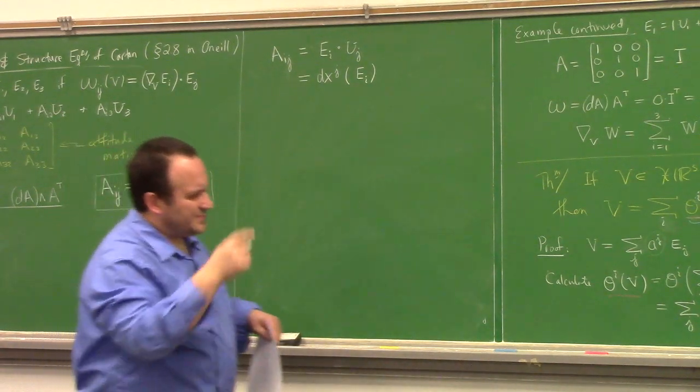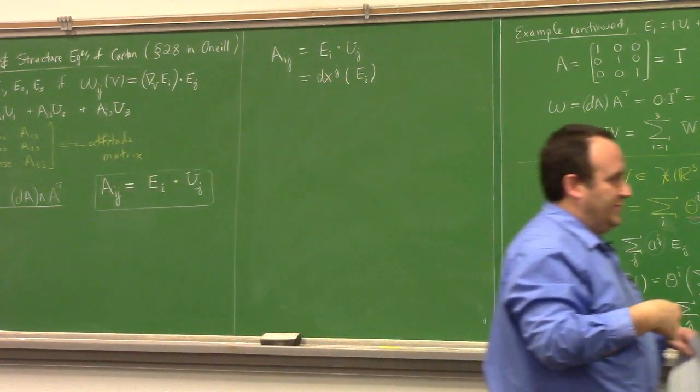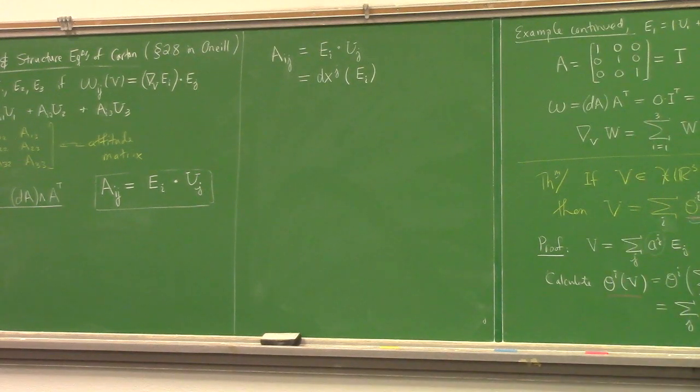So what I'm using is the example. Here I had theta j acting on V. But if we do this equation for the Cartesian frame, this becomes dxj on V is equal to V dot uj. So maybe I should just write that over here.